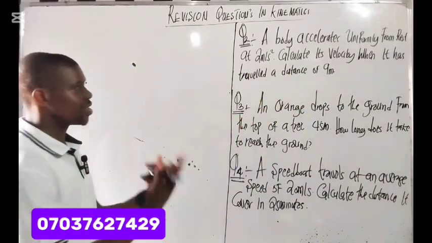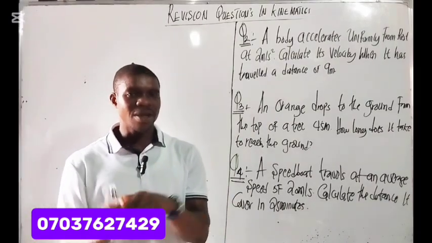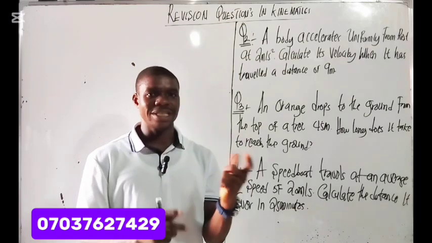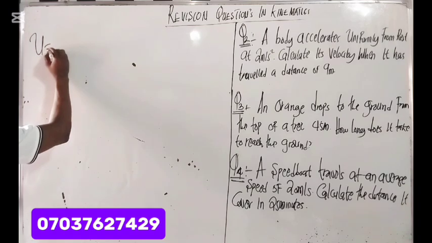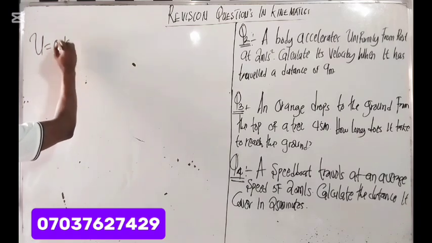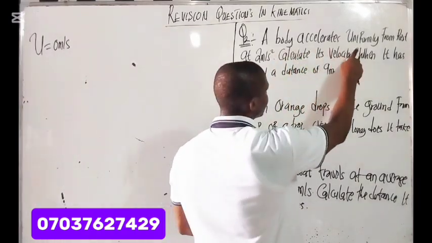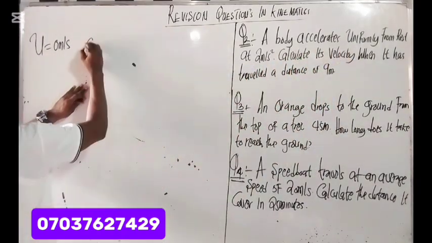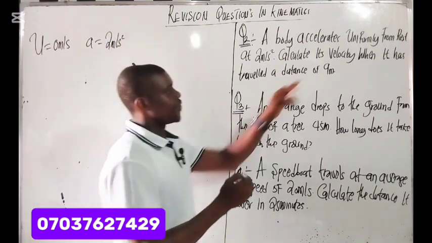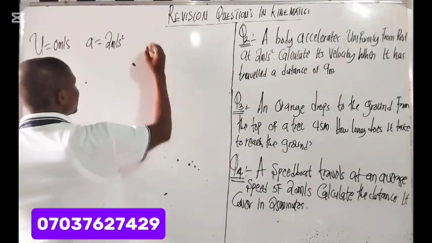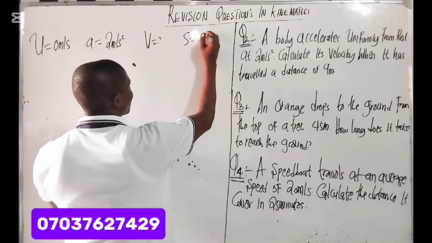A body accelerates from rest, so the initial velocity is 0 meters per second. The acceleration is 2 meters per second squared. Calculate the final velocity when the distance s is 9 meters.